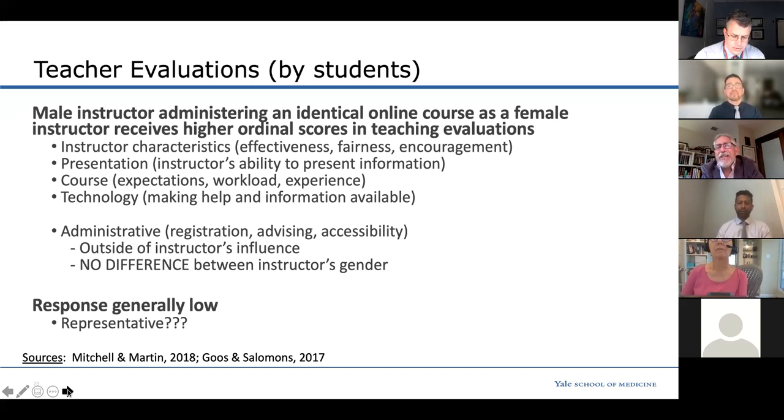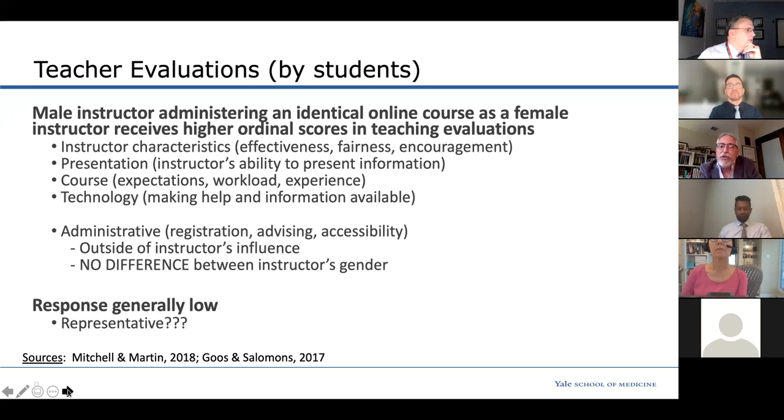The other thing that student evaluations of teachers almost always have as a problem is that they tend to have very low response rates. It's not like everyone taking the course rates the instructor. And so when you get relatively low response rates, we often worry about how representative that actual score is, because certain people may be motivated because they either like or dislike the course more than the opposite.